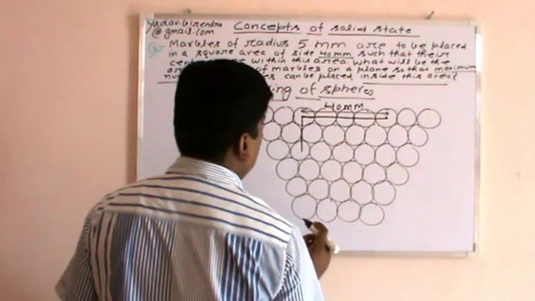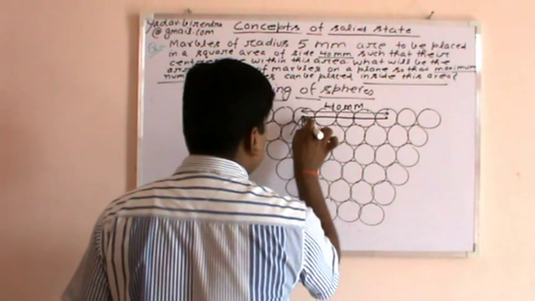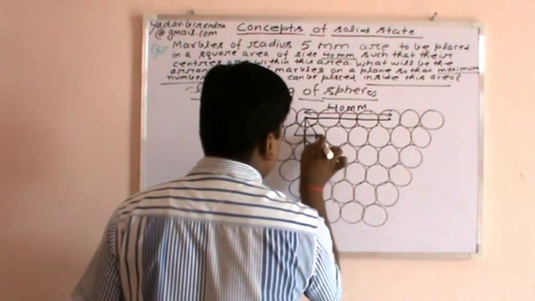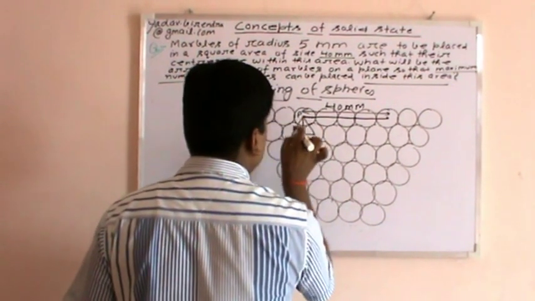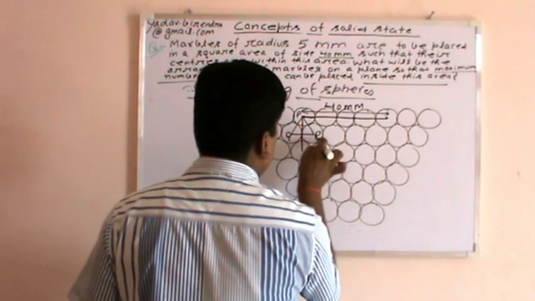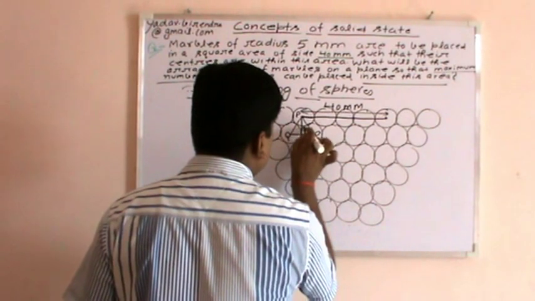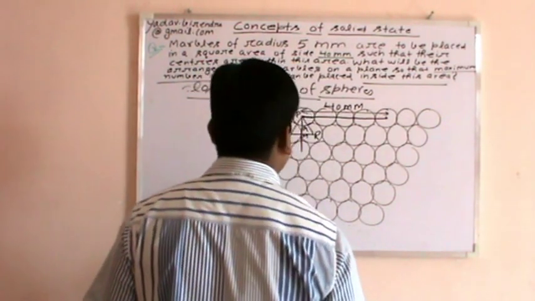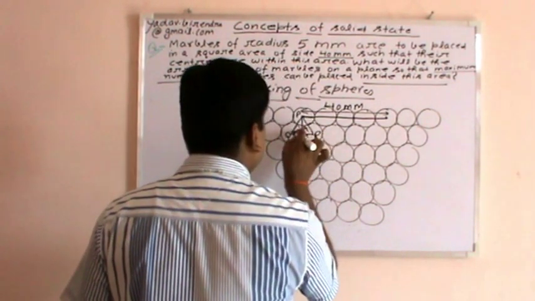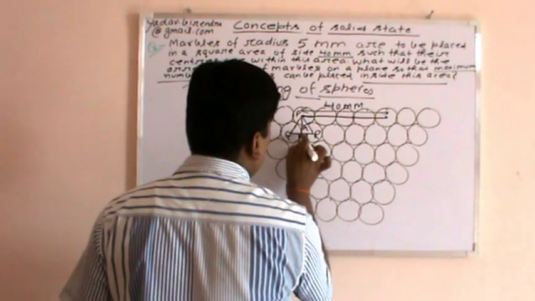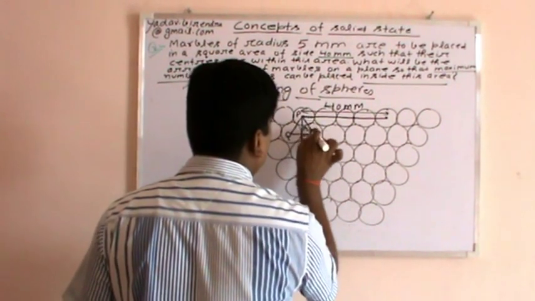To get the actual length, we'll draw this structure. Let these be P, Q, R. We need to get this length X. This is 10 millimeter, 10 millimeter, 10 millimeter.